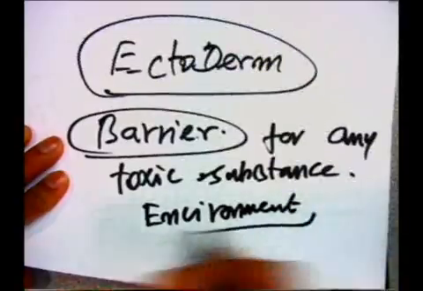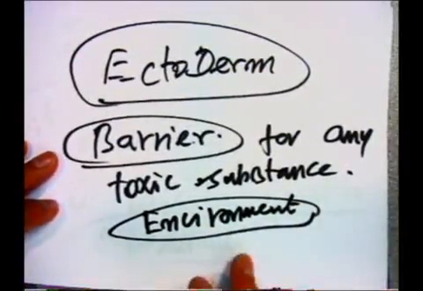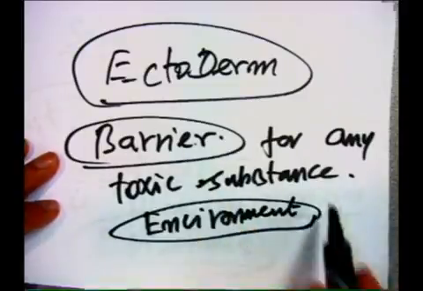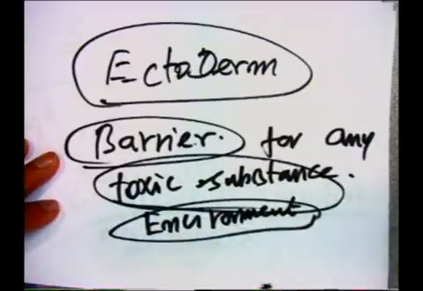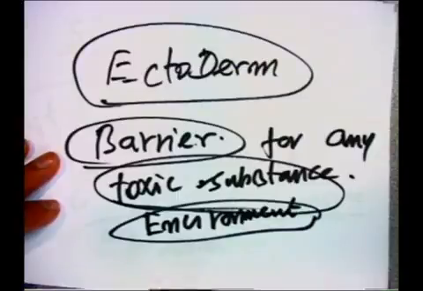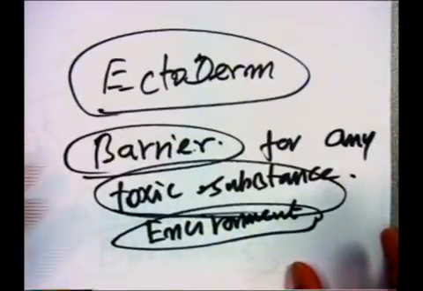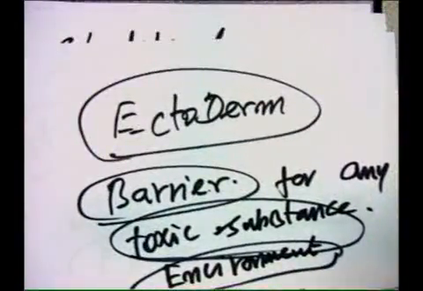So if you work in the petroleum industry or other chemical industries, you are likely to get exposed to different solvent systems. And if you have an injury to the surface of the skin, these substances can easily penetrate, so you should be very careful to avoid that. Also, we explain in our lab to wear protective clothing and gloves and everything, right?